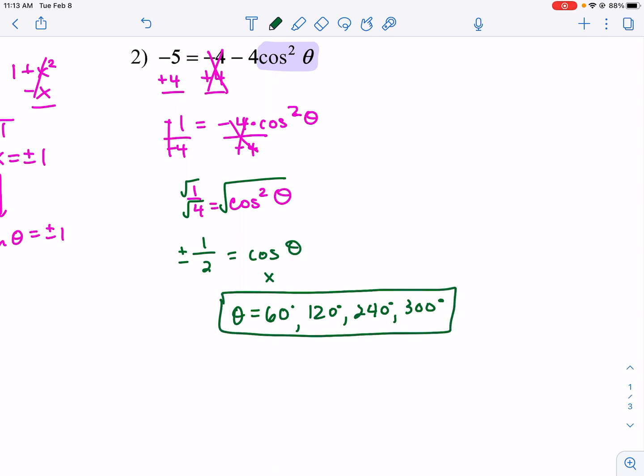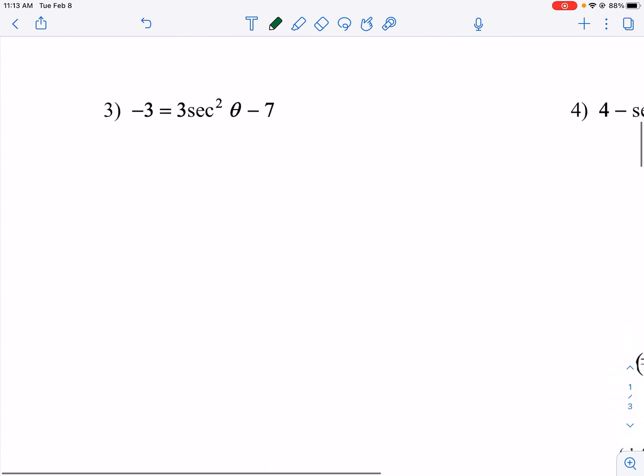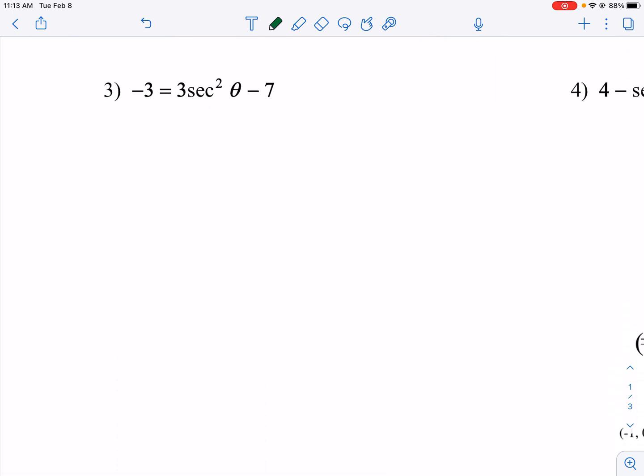All right, the next 2 examples bring in the reciprocal functions. I know we didn't focus on them yesterday, but they are back. The process is still the same though. You want to isolate secant squared. So to do that, we're going to add 7 to both sides. 3 times secant squared theta, and divide by 3.